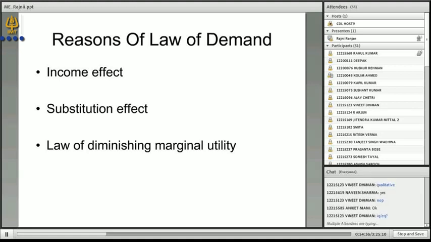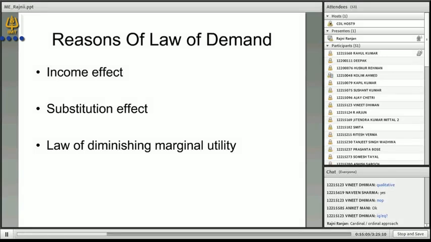You can write it down in your notebooks, it is very important. I'll give you examples also, don't worry. One is known as the cardinal approach, and another is known as the ordinal approach. To understand the basic concepts of utility, two approaches have been used by economists.